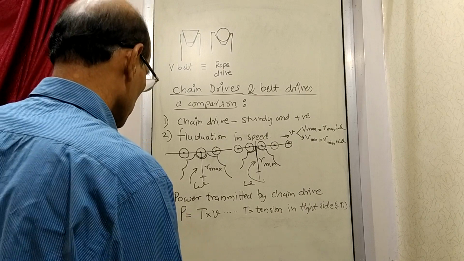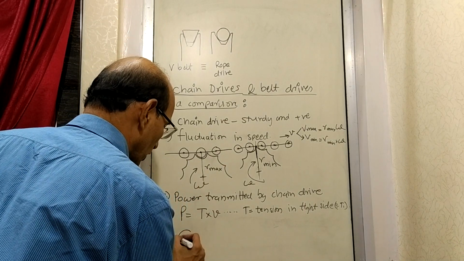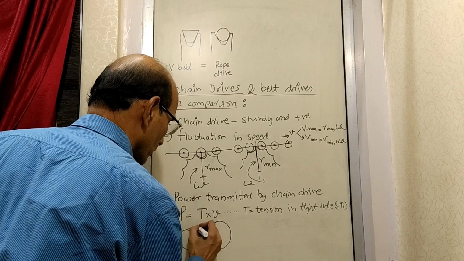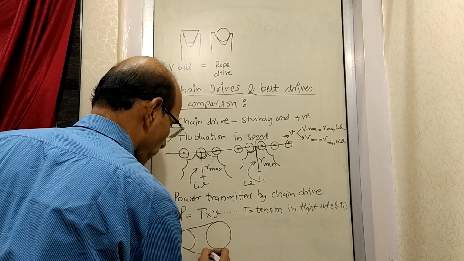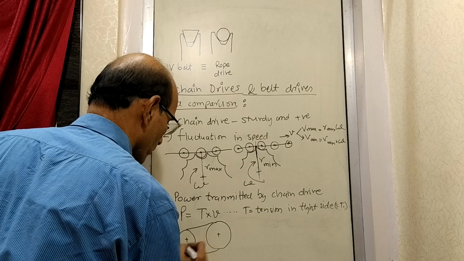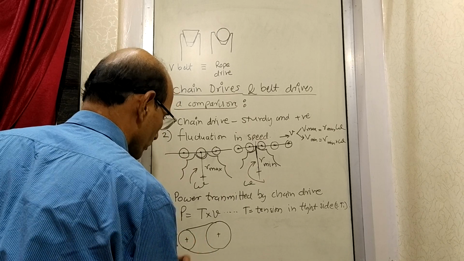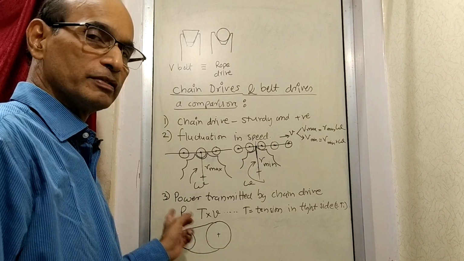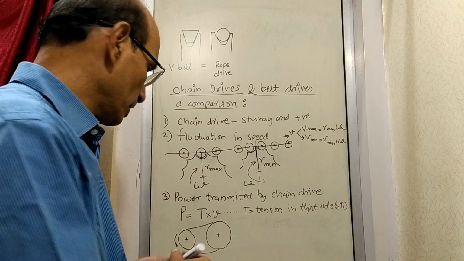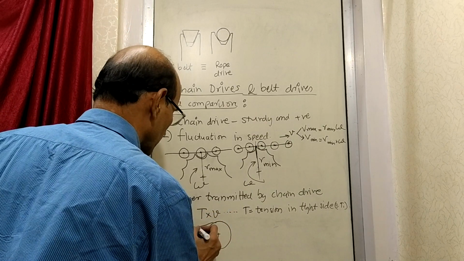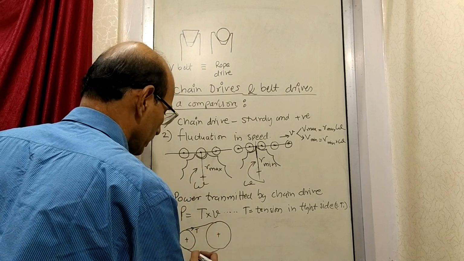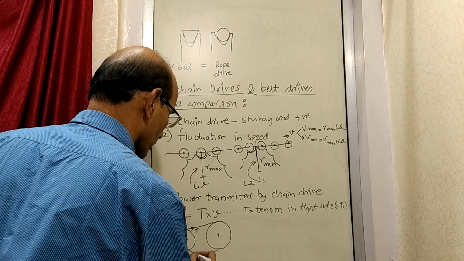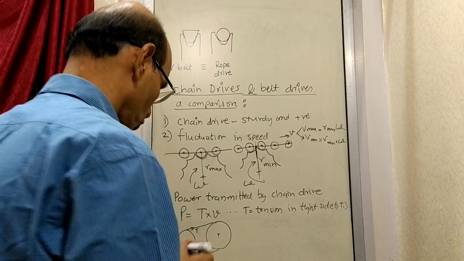Look here. If we draw a chain drive, I'll draw a chain drive. Now the chain drive looks like this. If this is the drive and this is the direction of rotation, then the tension on this side will be T, and the tension on this side is 0.